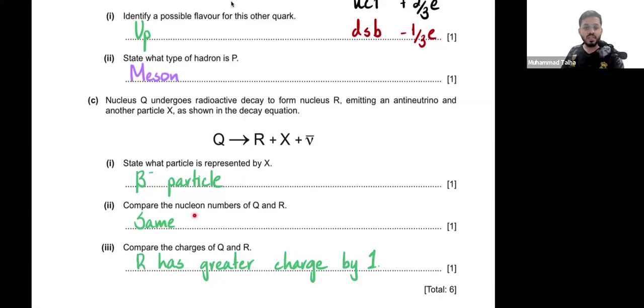You know that in beta decay, nothing happens to the nucleon number, right? It's the same. But if you talk about the charges here, the beta negative particle is this. So in this decay, the proton number increases by 1. So R has a greater charge than Q by 1.